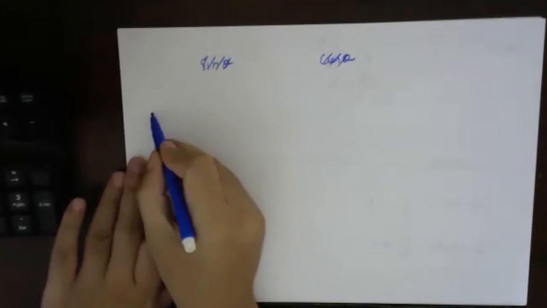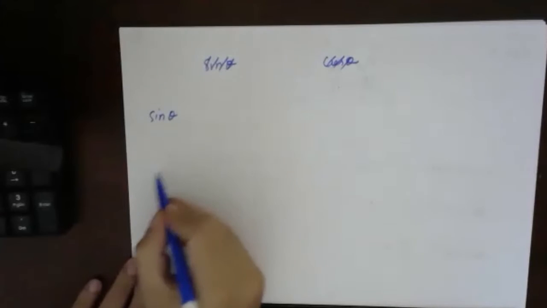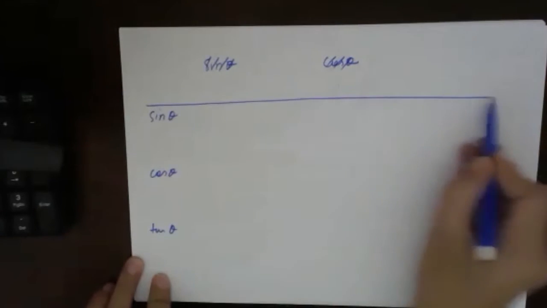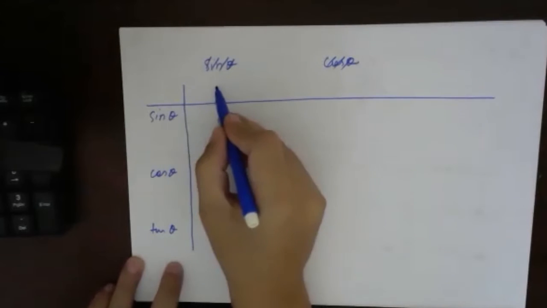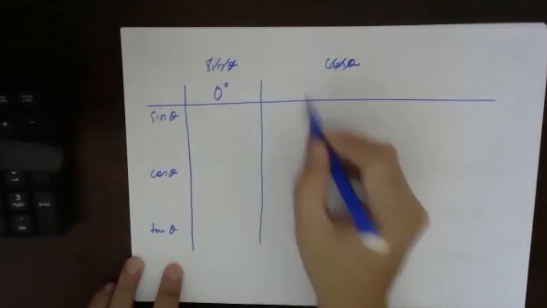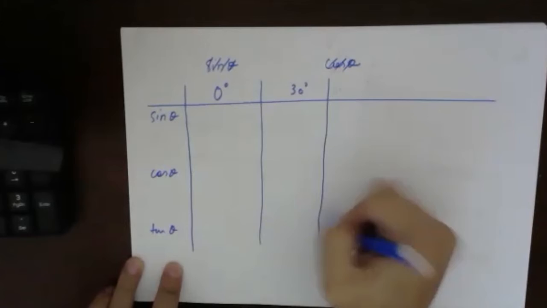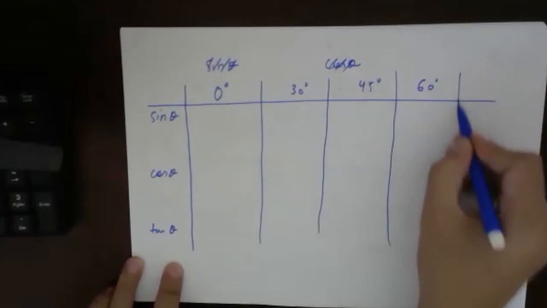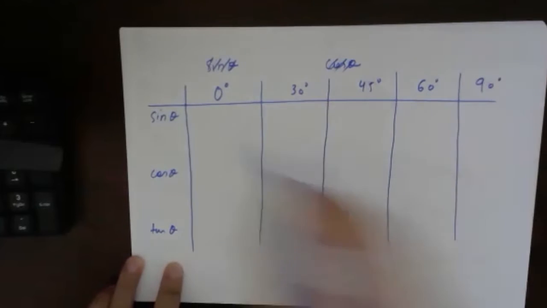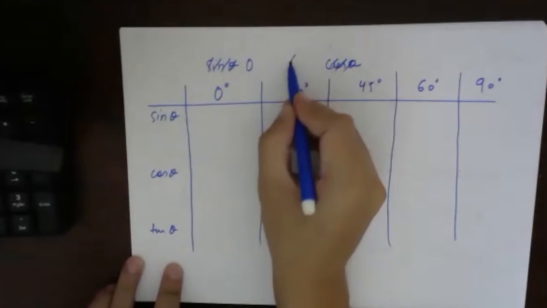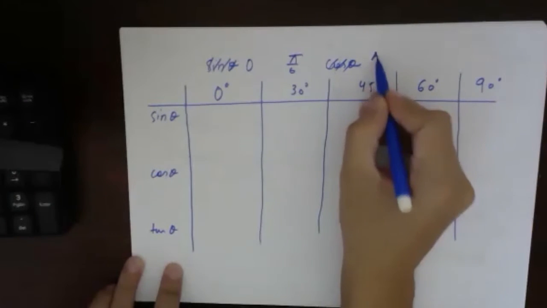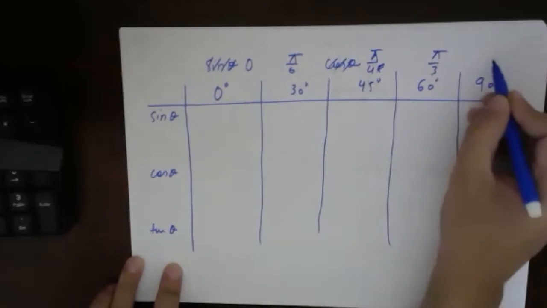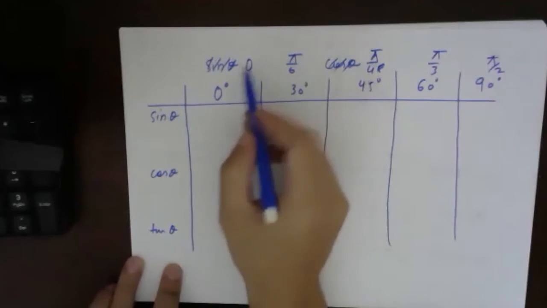This is sine theta, this is cos theta, and this is tan theta. It will start with 0 degree, then 30 degree, then 45 degree, then 60 degree, and then 90 degree. 0 degree is 0 radian, 30 degree is pi by 6, 45 is pi by 4, this is pi by 3, and this is pi by 2. So this also you can write.